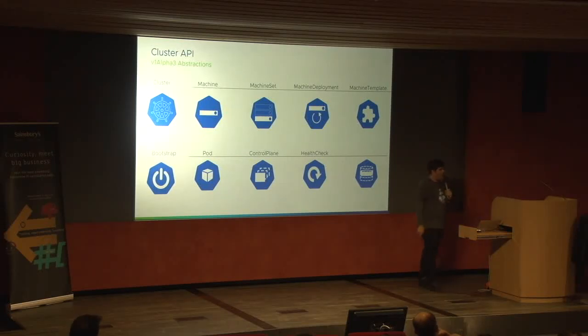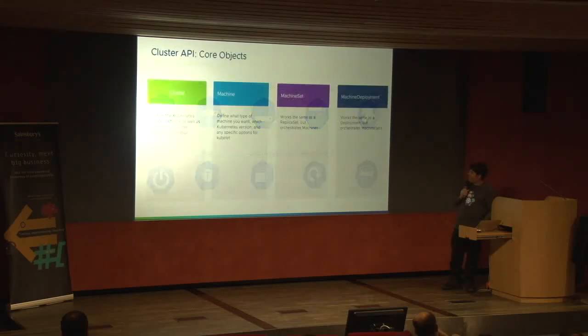Joel in the front row has been working on that. It helps us do remediation: you can set health checks on nodes. You can say this machine should have this behavior, and if it's not having this behavior, there's something wrong with it, and you need to kill it and get it replaced. That's exactly what machine health check does. It's a really powerful tool that's coming into this new version.